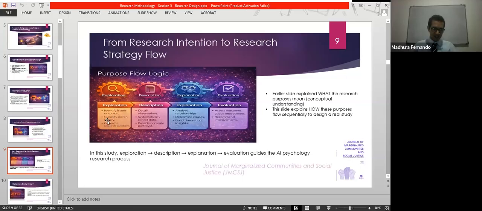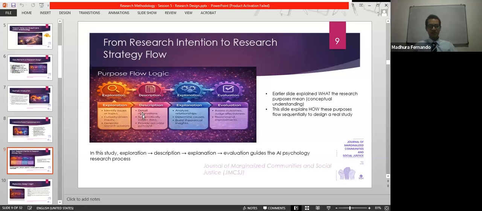Now you can identify issues or topics. So you can identify topics depending on your findings, your explorations, and sometimes your curiosity. Because of your curiosity, you inquire about the things. Then, due to the curiosity, you come up with some ideas and details and insights. Then you come up with the topic, and then through that you can generate research questions, right?